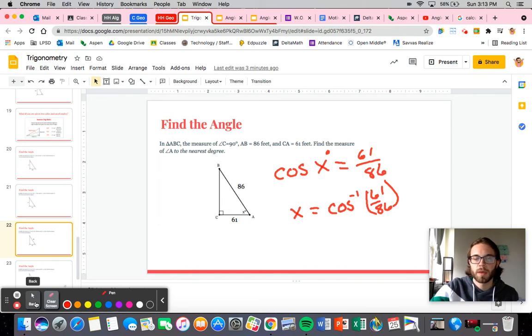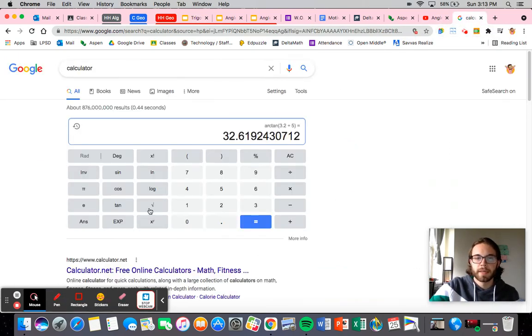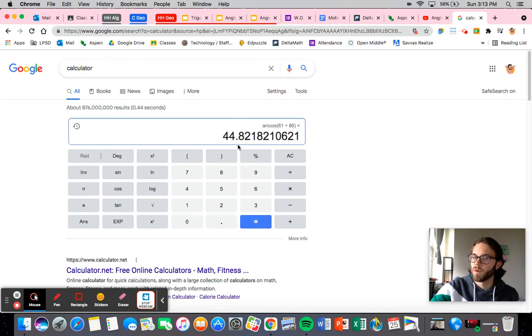All right, remember 61 over 86. I'm going to clear that, go back to INV, and it's giving you the arc, which means the same thing, 61 divided by 86, and that gives you your answer of 44.8 degrees.